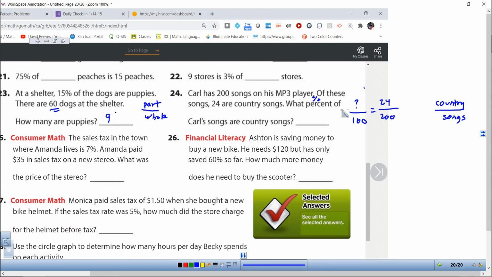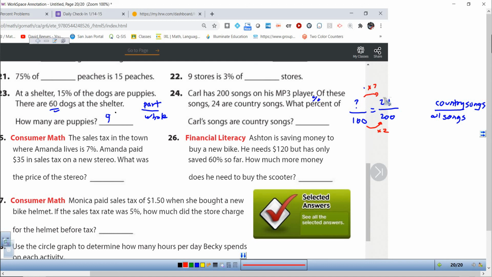So again, the word problems are a little trickier because you don't always have that "is of" clue. But if you think it through, puppies was the part, dogs was the whole. Country songs is the part over all songs is the whole, right? And this one is not too bad at all because 200 is twice 100, right?